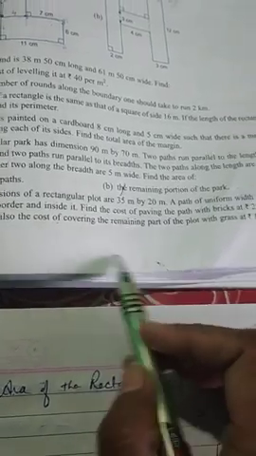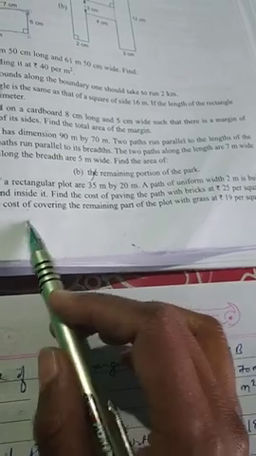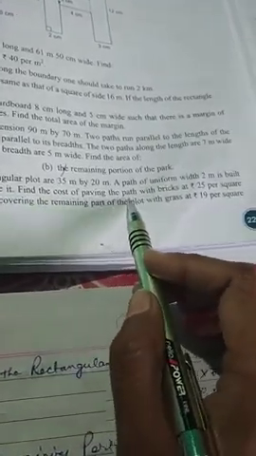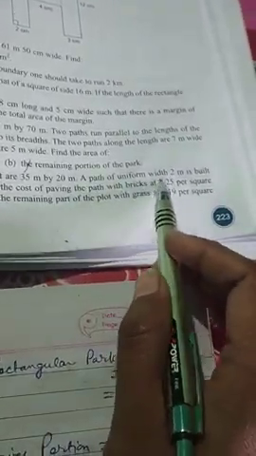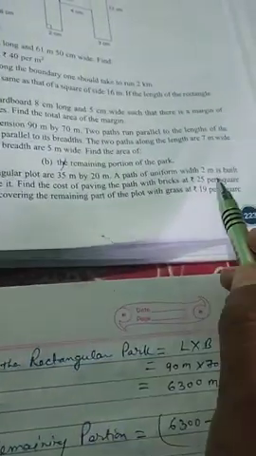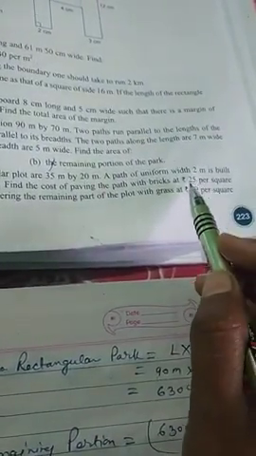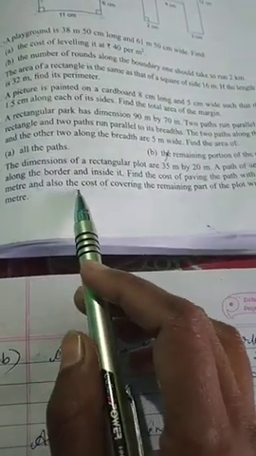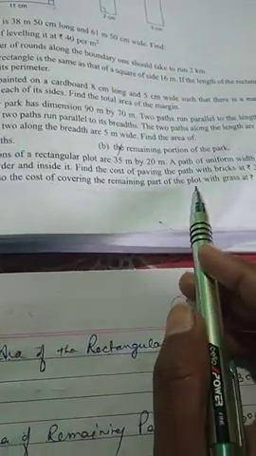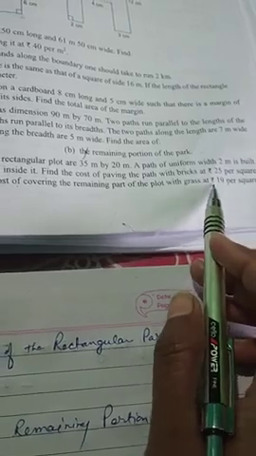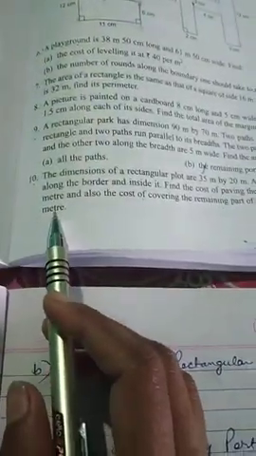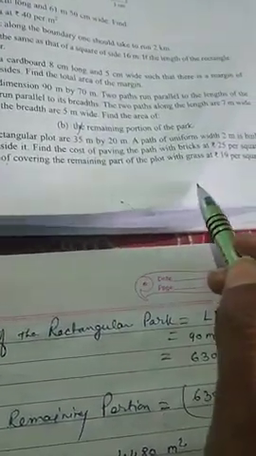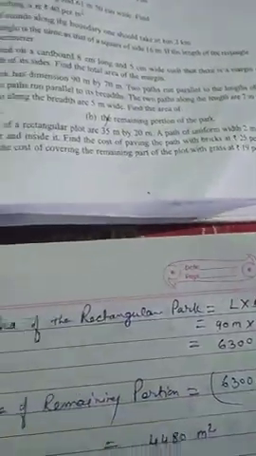Find the cost of paving the path with bricks at rupees 25 per square meter. Means first we will find out the area of the path and multiply it with this cost. Also the cost of covering the remaining part of the plot with grass at rupees 19 per square meter. Means we will find the remaining part area and multiply with this 19.